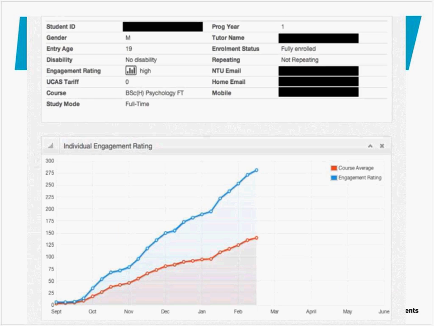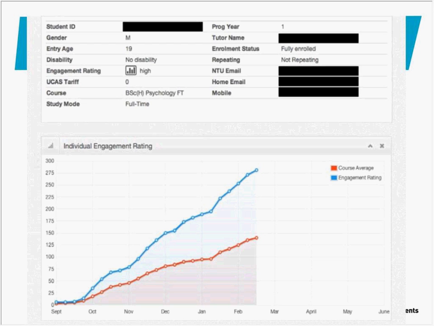So I'm just going to skip over this. This is what that looks like. Nottingham Trent University is in particular pioneering this kind of work. They take all the data they get from attendance monitoring, from the library, from the VLE, from grades and other things, put together an algorithm, and create an engagement metric.